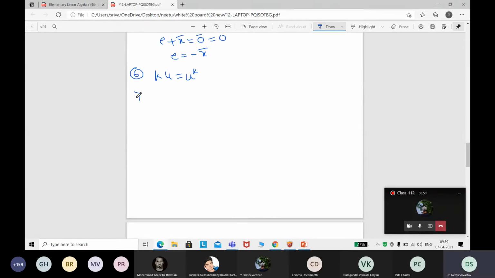Next is the seventh one: k into u plus v. The LHS, k into u plus v, is equal to u raised to the power k into v raised to the power k.